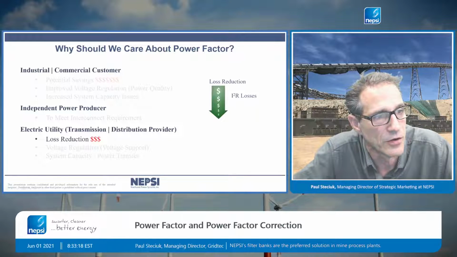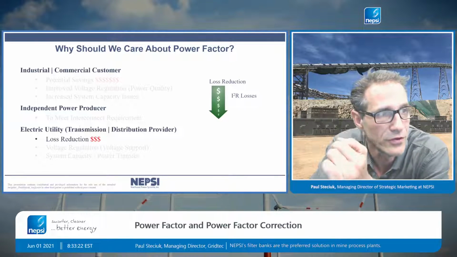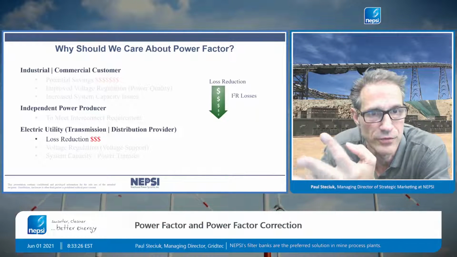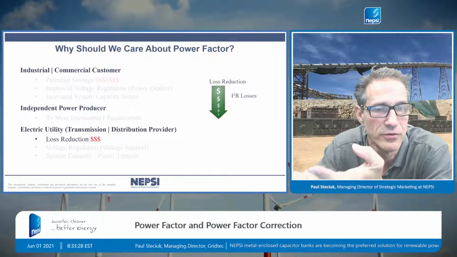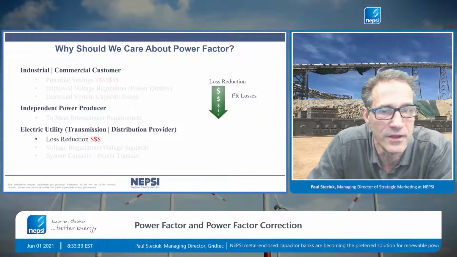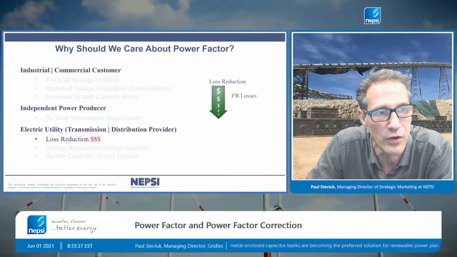And so from a utility standpoint, we went through industrial customers, we went through power producers, the electric utility, the people supplying electric power. Most oftentimes, their interest is in reducing losses.